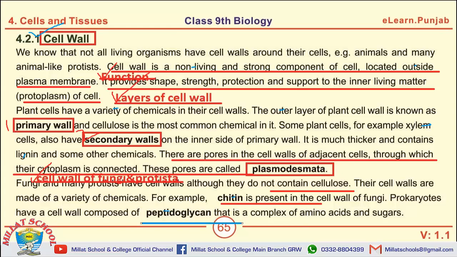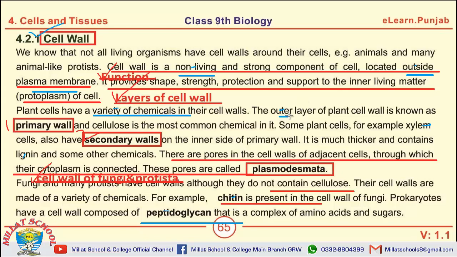The MCQs from this page may be about, the first one may be, cell wall is a non-living part. Cell wall is located outside plasma membrane. The other may be, plant cells have a variety of chemicals.